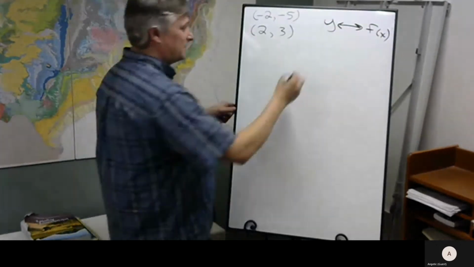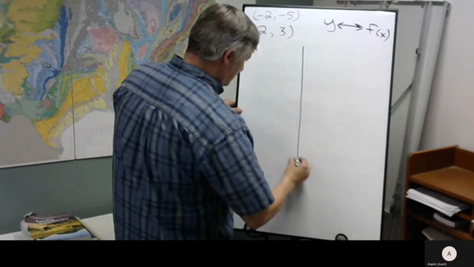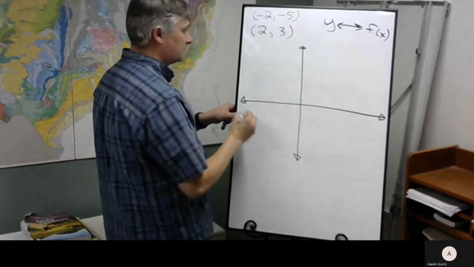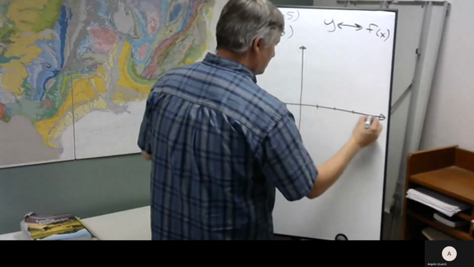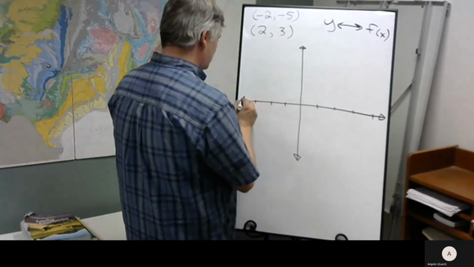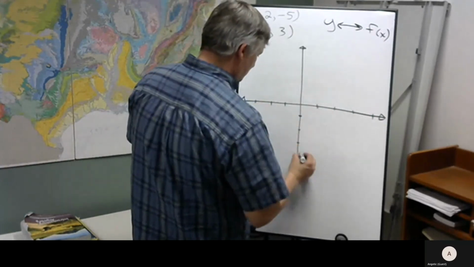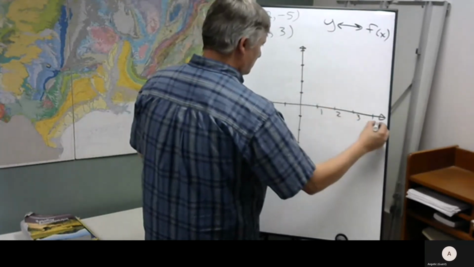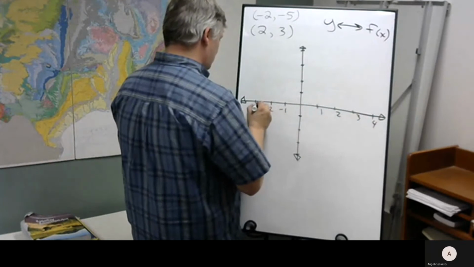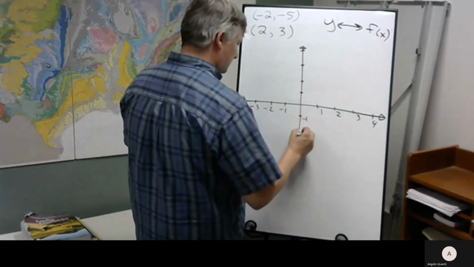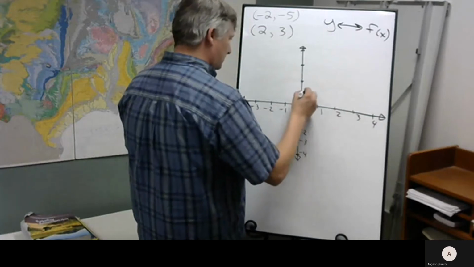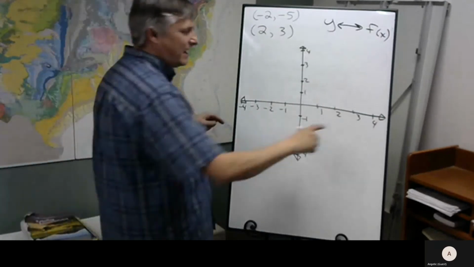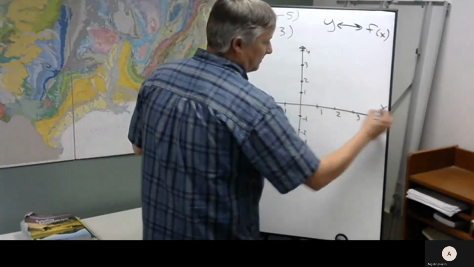So sometimes when you see this, you'll have an x-axis over here, and they'll sometimes just label it as x.